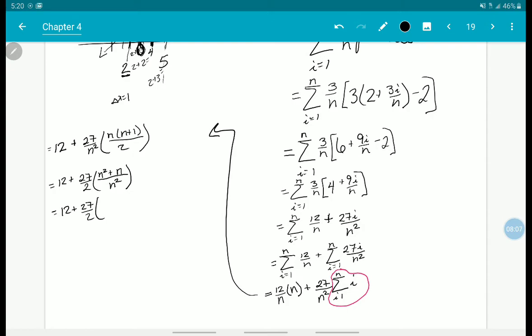So if we reduce, this is n squared over n squared plus n over n squared, which is going to reduce to 1 plus 1 over n. So we have 12 plus 27 over 2 plus 27 over 2n.